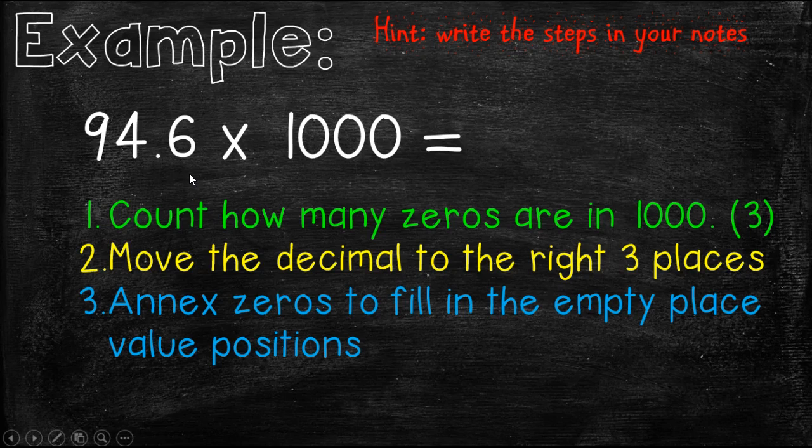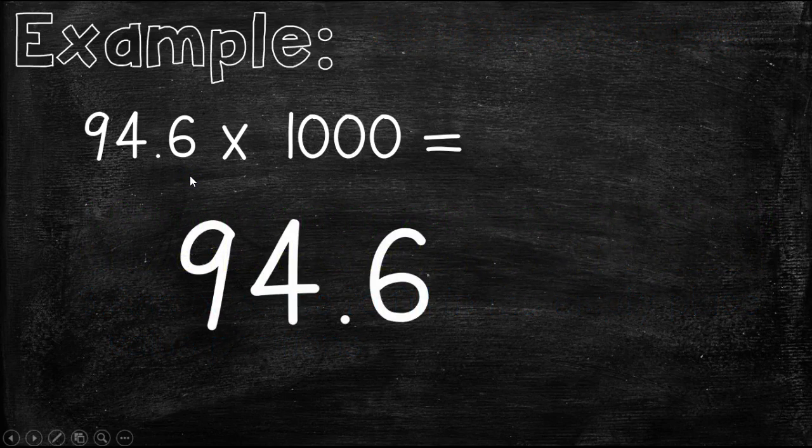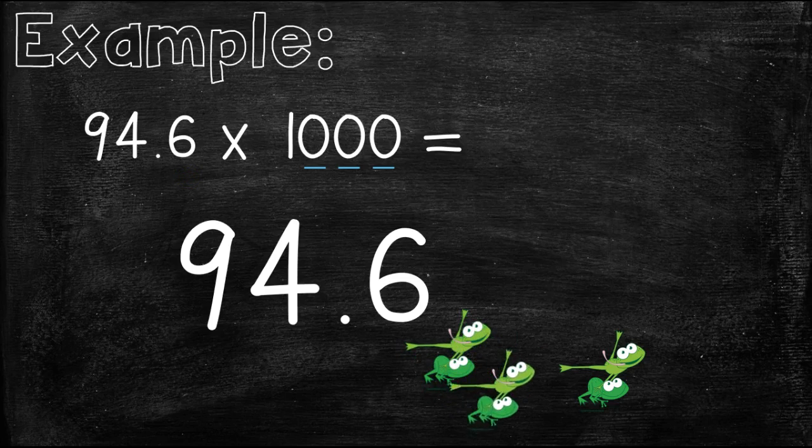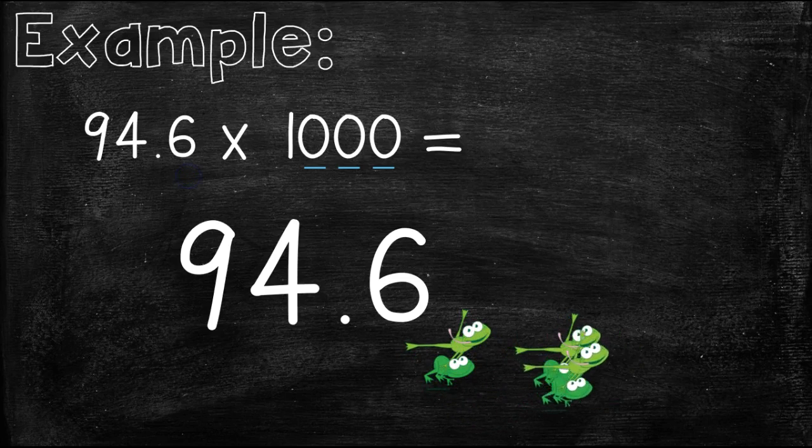So how would we do this problem? Well, here we have 94 and 6 tenths. Well, we know that there are 1, 2, 3 zeros in 1000. So we're going to need to move the decimal point to the right 3 times, or do what I like to call the leapfrog. So we're going to start off and we're going to move the decimal point over 1, then 2, and then 3 places.